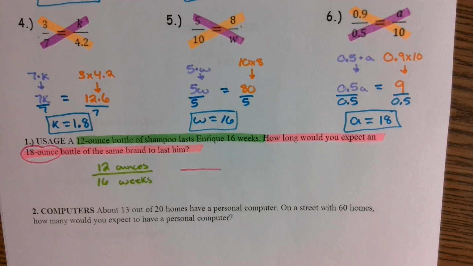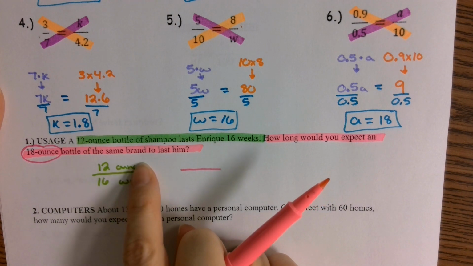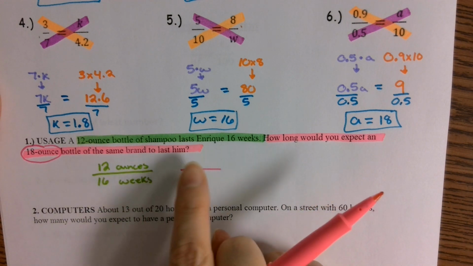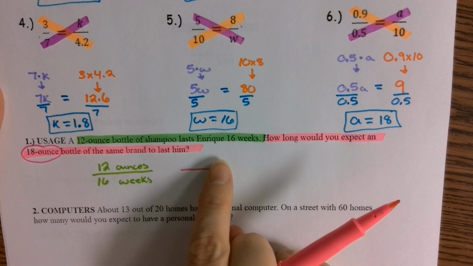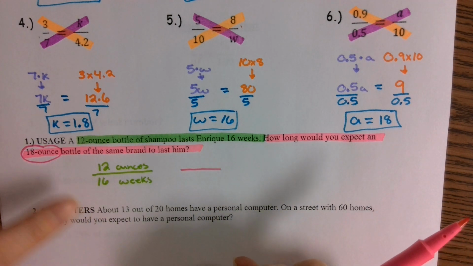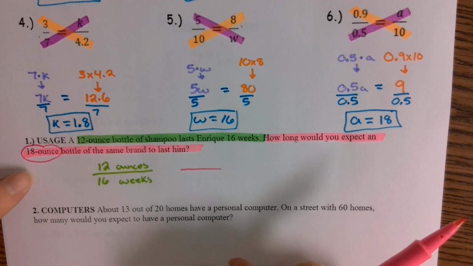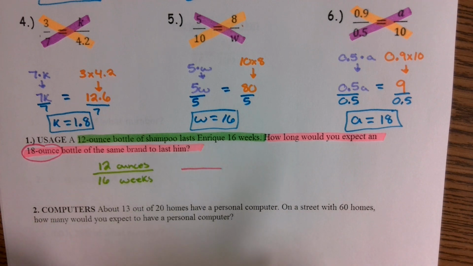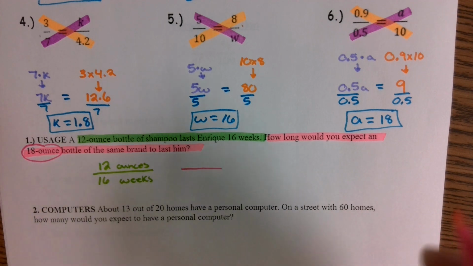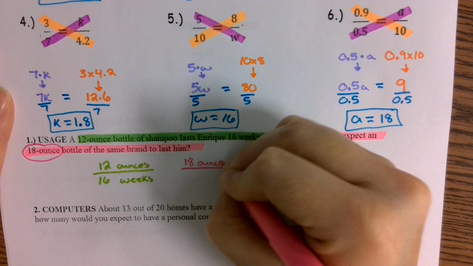On top of the fraction, because 12 ounces was on top. Here, I need to make sure I keep ounces on top for the next one. Does that make sense? So again, if I did 16 weeks on top and 12 ounces on the bottom, then I would put that 18 ounces on the bottom. So the ounces matched up with ounces. Okay? But based off of how I have it written, I'm going to put 18 ounces on top.